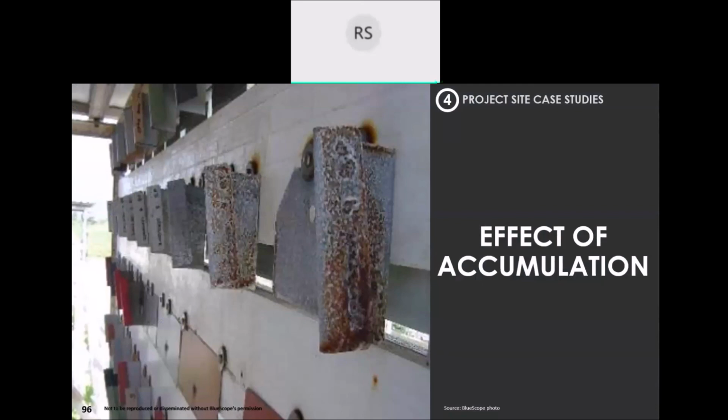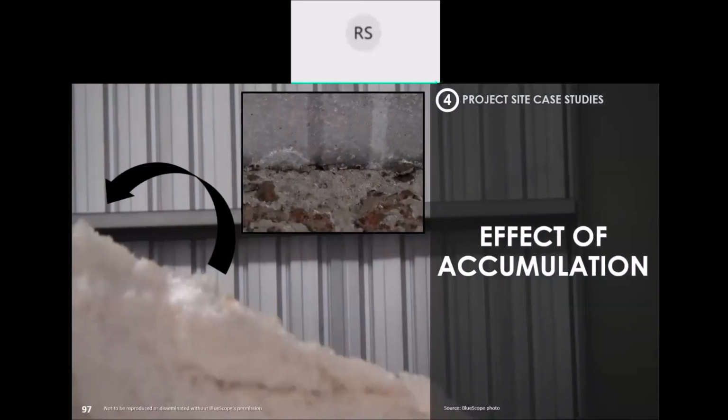We typically call these unwashed areas. This effect of accumulation means that these unwashed areas, even though exposed to external elements, will accumulate all these pollutants and have what we call localized corrosion, right?